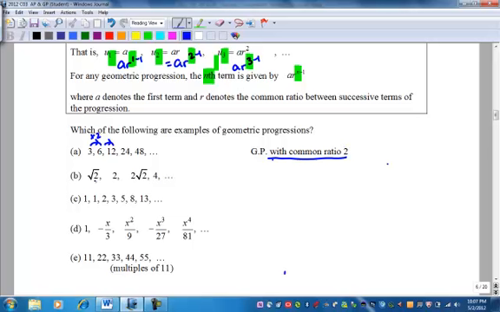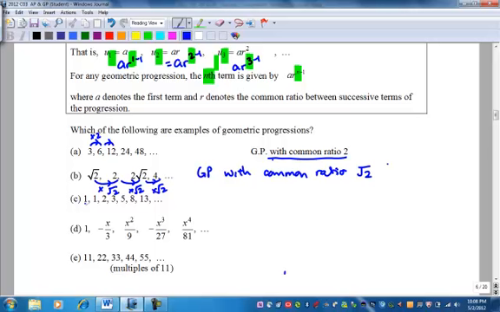For sequence B, from one term to the next, we multiply by √2. Second term to the next, we multiply by √2 again. And from 2√2 to 4, we multiply by √2 again. So B is again a GP with common ratio of √2.